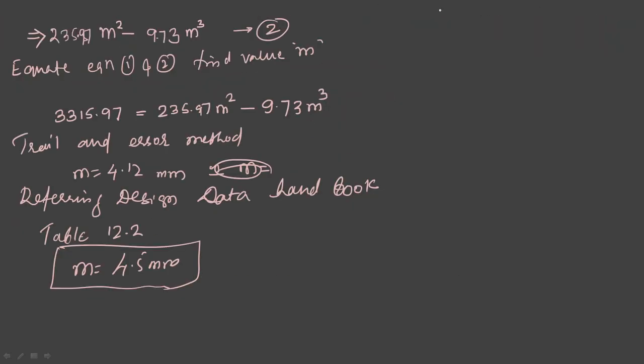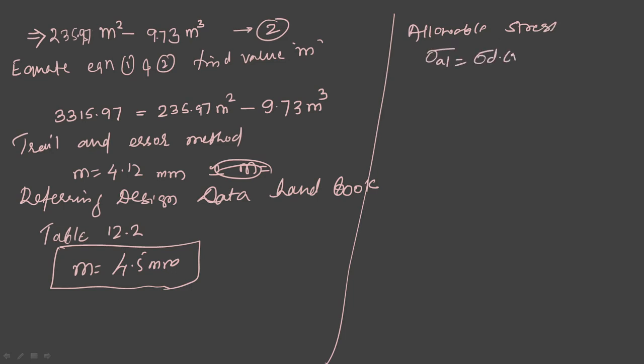Now let us go for the allowable stress. Sigma allowable equals sigma d into Cv. Sigma d is 172.6, Cv is 0.350.